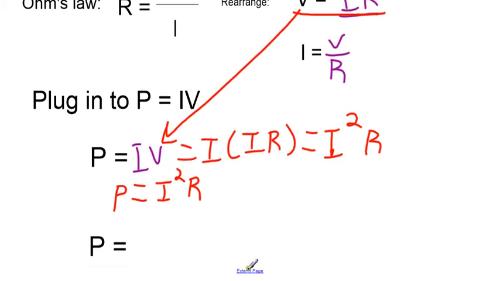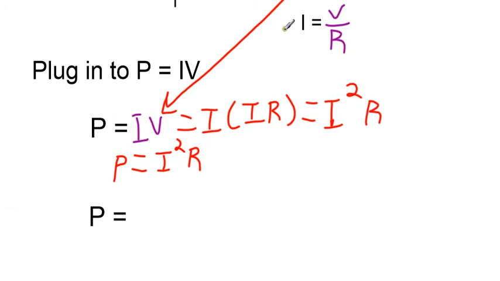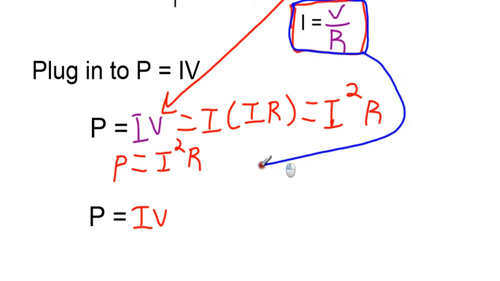And you've probably figured out what we're doing for the next one. P is equal to IV. Now we're going to be plugging in this version into our power equation. And so this is going to be for the I, plugging in over there.